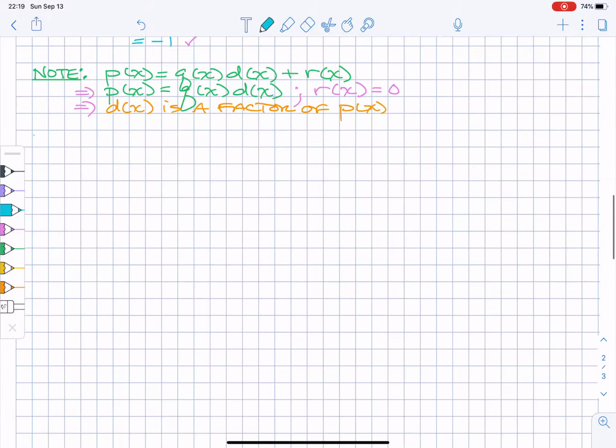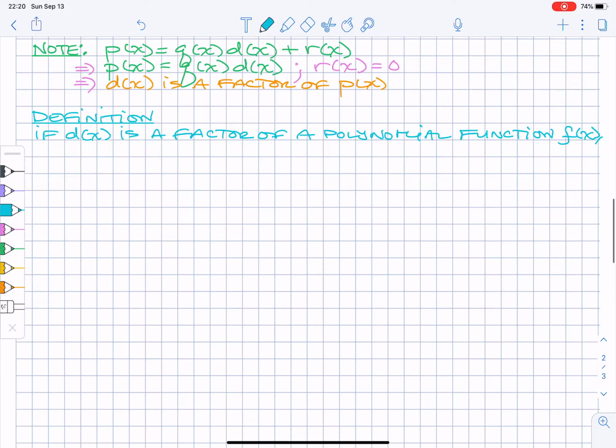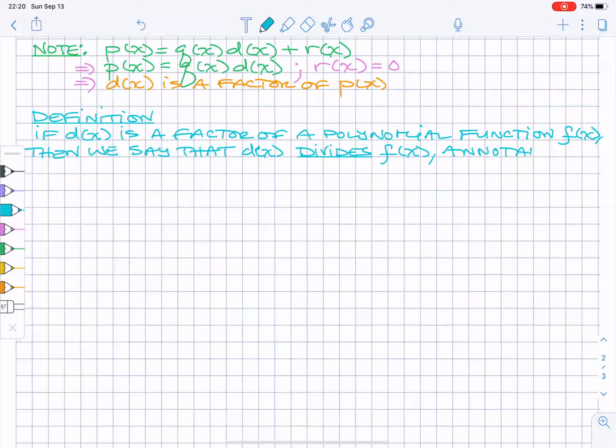Okay, so definition. So if d of x is a factor of a polynomial function f of x, then we say that d of x divides, that's what we're defining, divides f of x, annotated by d of x, and then a straight up and down line, f of x, and that's read aloud.